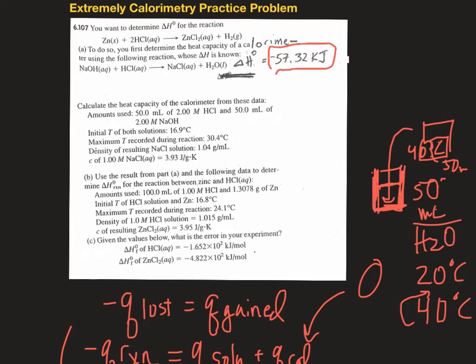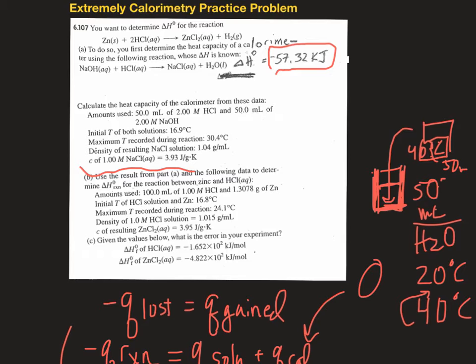The maximum temperature reached is 30.4 degrees Celsius. The density of the resulting solution is 1.04 grams per mL, and the lowercase c of 1 molar HCl is 3.93 joules per gram degree Kelvin.